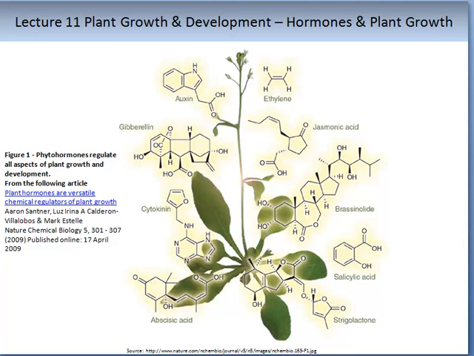The plant that they're showing here is Arabidopsis thaliana. As you can see, auxins, gibberellins, ethylene, jasmonic acid, brassinosteroids, salicylic acid, strigolactones and abscisic acid, and cytokinins are all involved in growth and development.